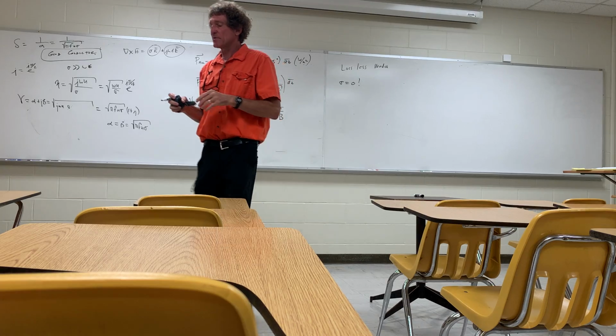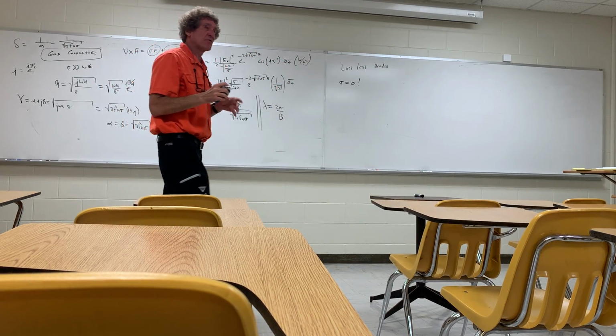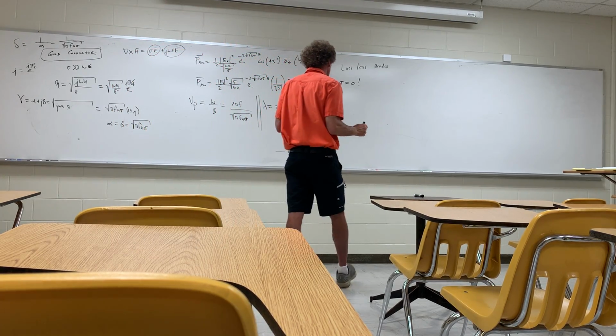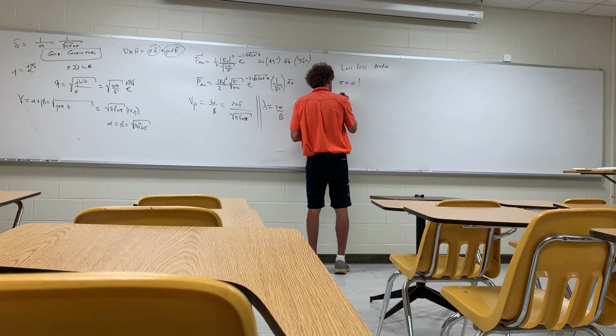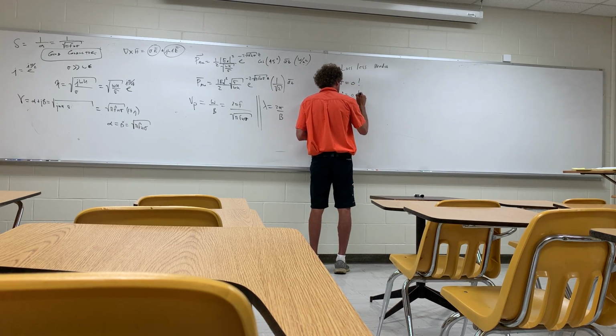And you could say one other thing. You could say epsilon double prime is also 0. That's not what we spoke of, but if it's lossless, epsilon double prime is also 0.